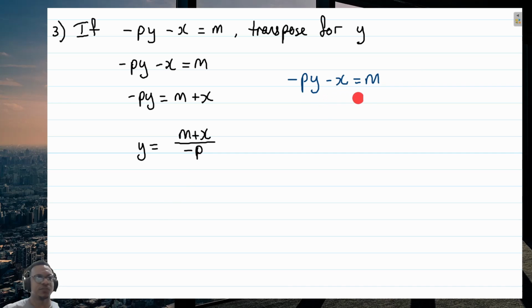Now I'd just like to show visually what took place when we move stuff across the equal sign. And that's your answer.